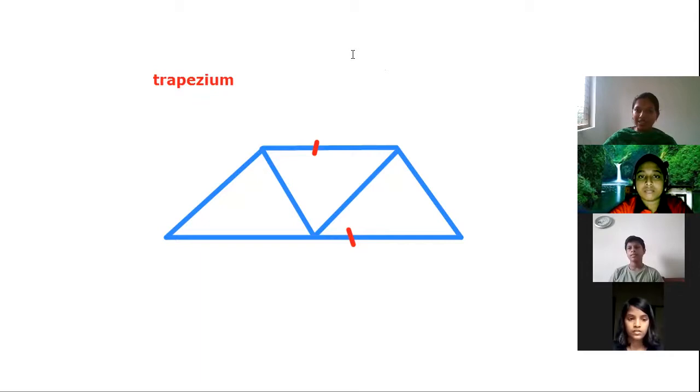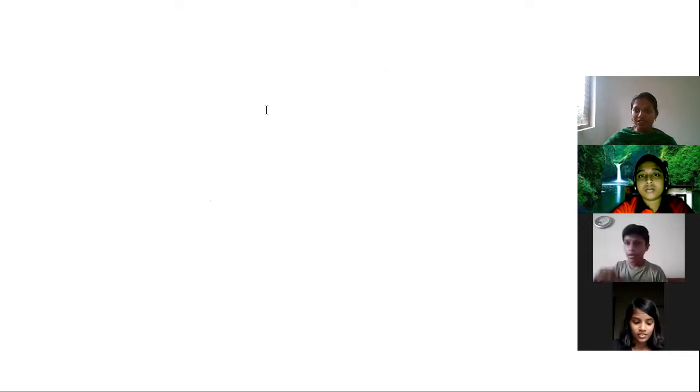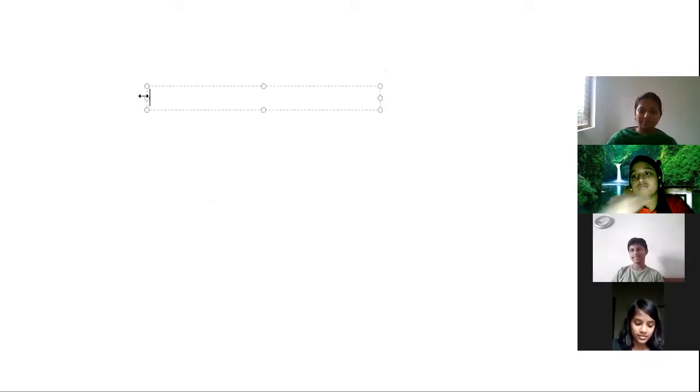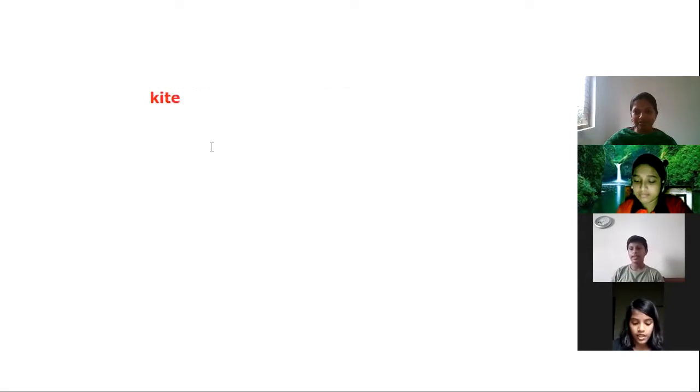Did you hear about kites? Do you know how to make a kite? What is the specialty of a kite? There are 4 sides, 2 sides are equal and another 2 sides are equal. Very good. For a kite, we know that the adjacent 2 sides may be equal.